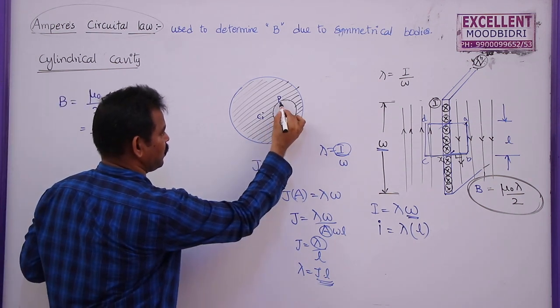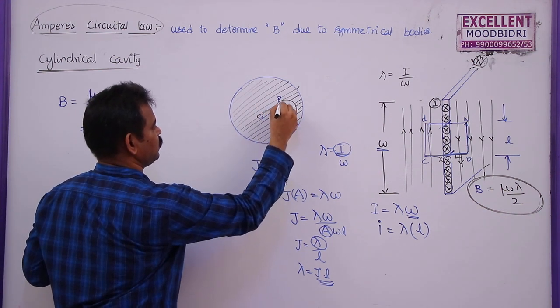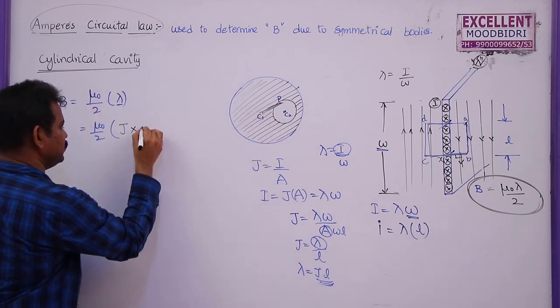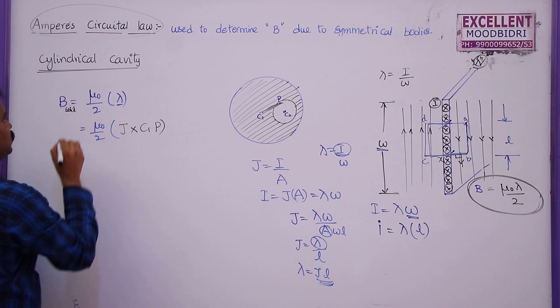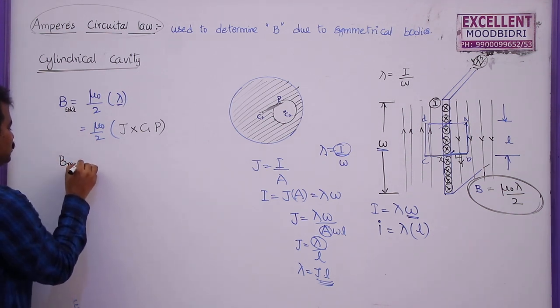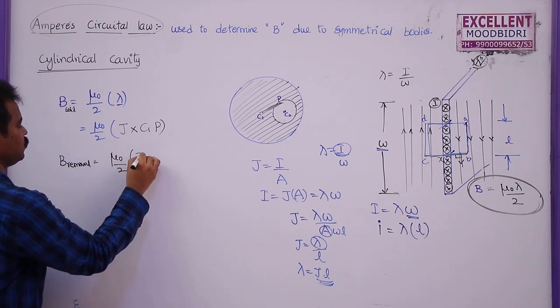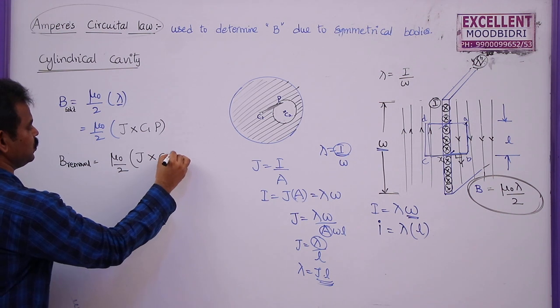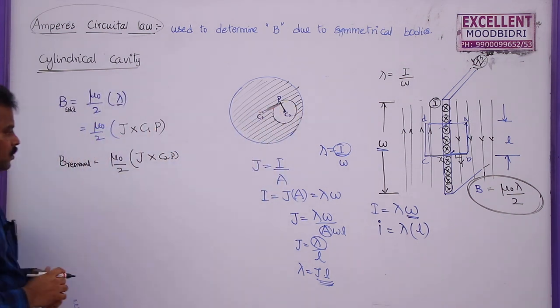Now I want the magnetic field here due to this total one. This is the length between these two, so I am going to write this as C1P. This is the magnetic field due to the full solid cylinder. So the magnetic field due to the removed cylinder is given by mu naught by 2 into J into C2P, because from here to here is C2P.